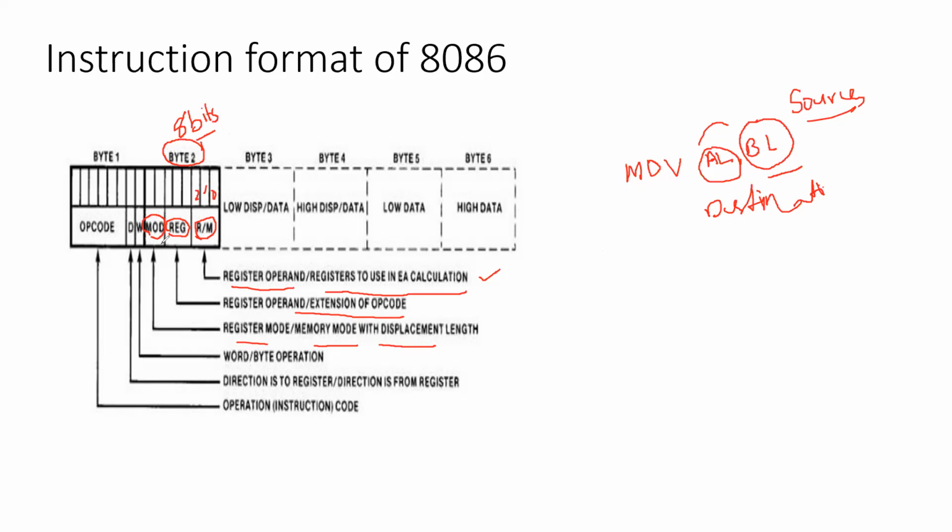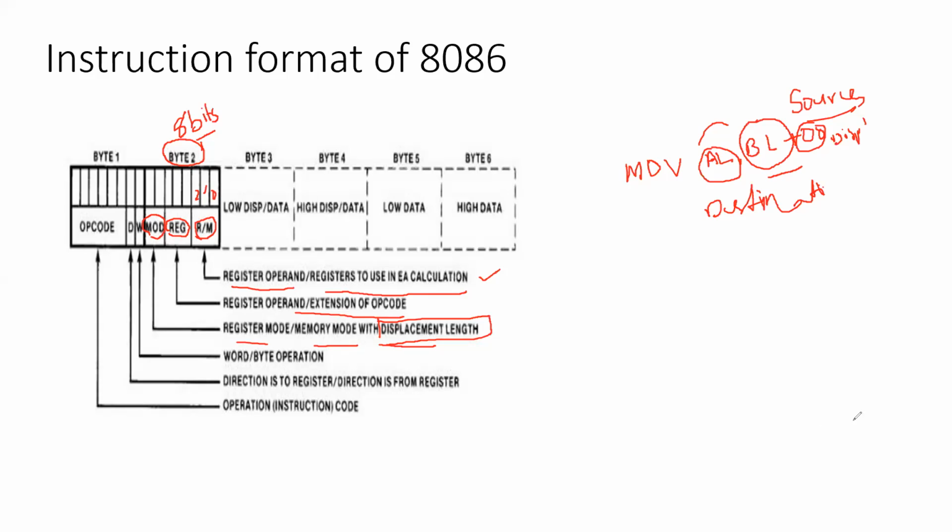In the second byte only, we will have an understanding of whether the displacement is given or not. In the previous class we saw BL plus 08. This 08 is nothing but the displacement, which I told you in the last class. So whether we have displacement or not will be indicated in the second byte itself.